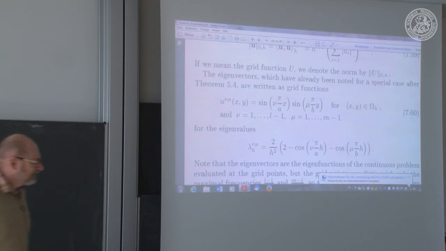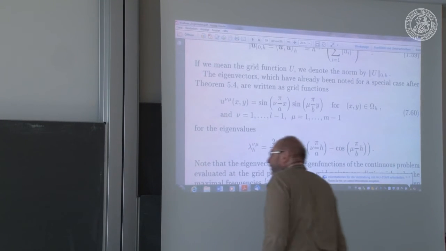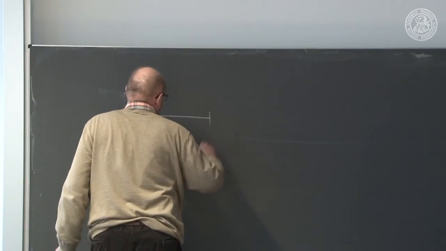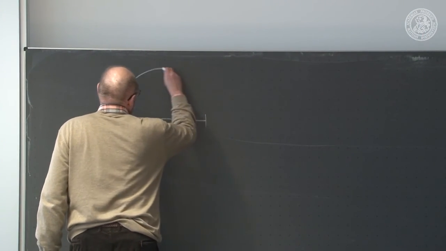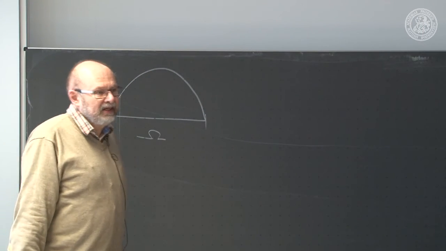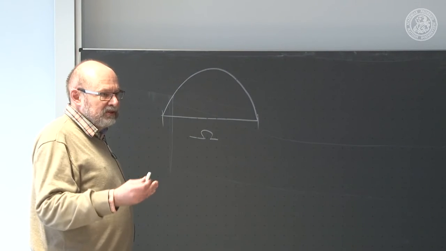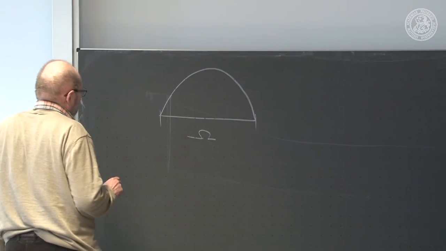Okay, let's draw a picture. I do it only in 1D. Okay, this is my domain omega. And we are speaking about Dirichlet data. This is, so to speak, my first eigenfunction for the lowest positive eigenvalue, the lowest frequency eigenfunction.